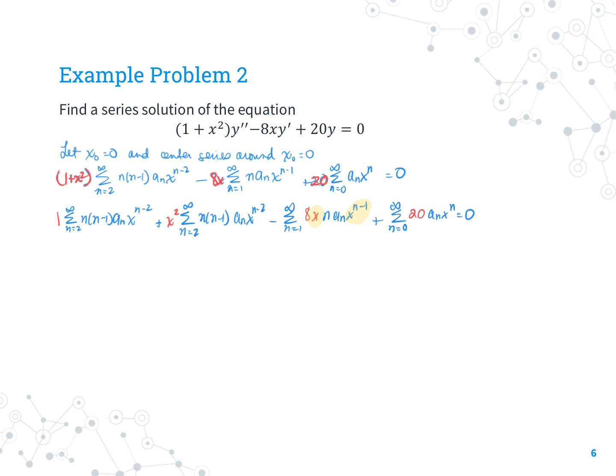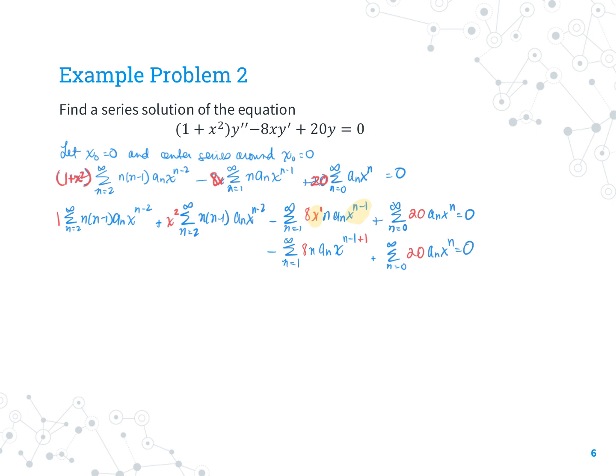And so this sum actually is now the sum from n equals 1 to infinity of 8 n a sub n x to the n minus 1, and then plus 1 from this x. Our last term is going to remain the same, n equals 0 to infinity of 20 a sub n x to the n.